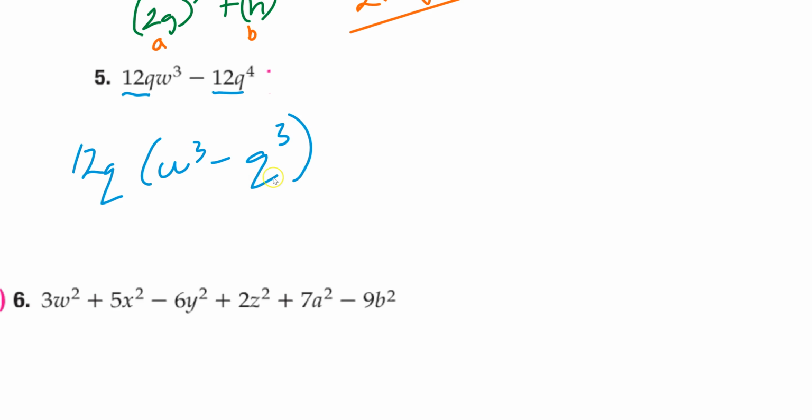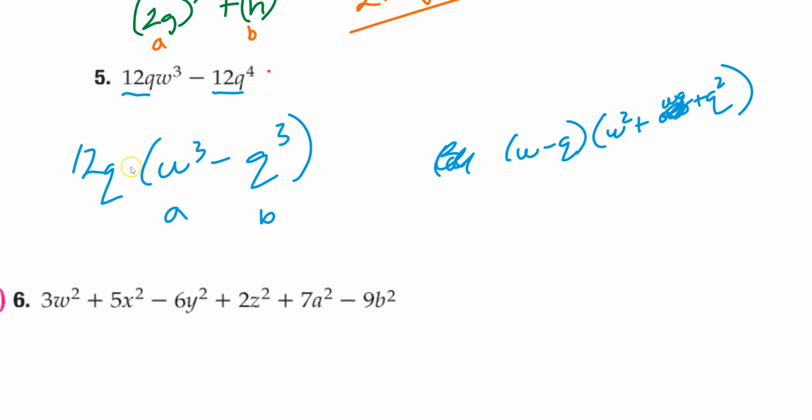And now look at it, they're both cubes. This will be my a, this will be my b. And just following the formula, it's same, same, opposite, and then positive. That's supposed to be wq. And there's a 12q on the outside. So it looks like this.